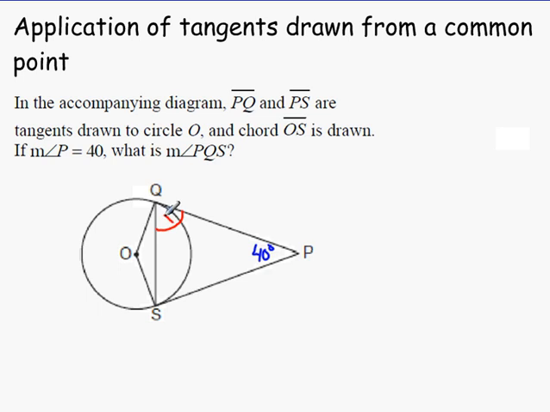I'm going to label that X. What do I know? I know that tangent lines drawn from a common point are congruent. So PQ is congruent to PS.